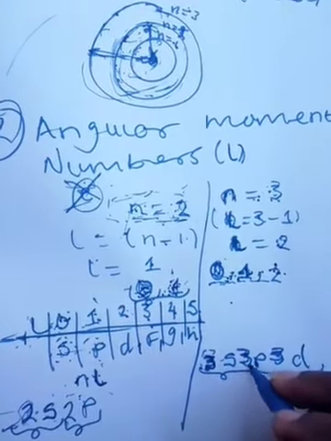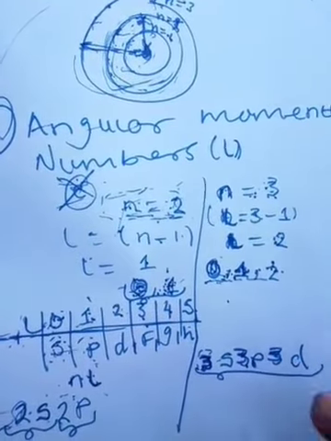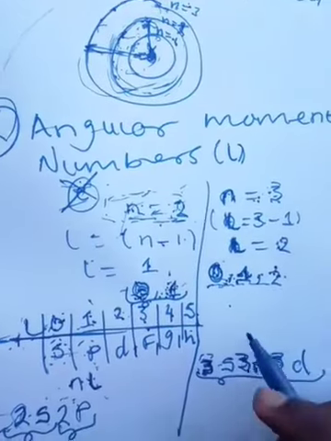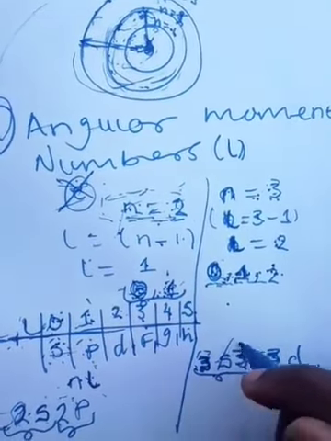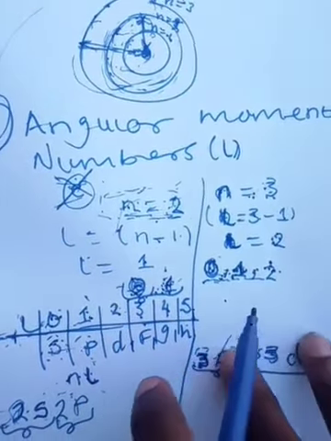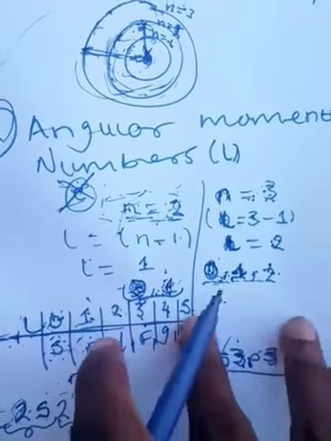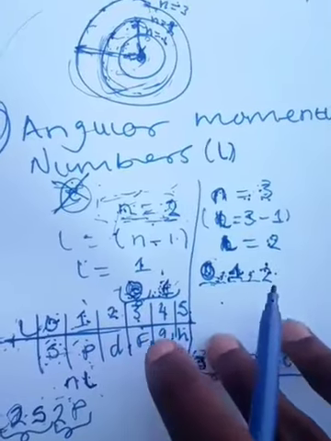My bad, I don't know why I'm mixing them. They are falling under the same shell because 3 is the same, meaning that the electrons in these subshells are under the third shell.